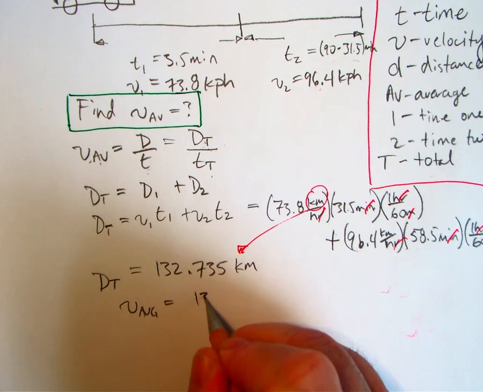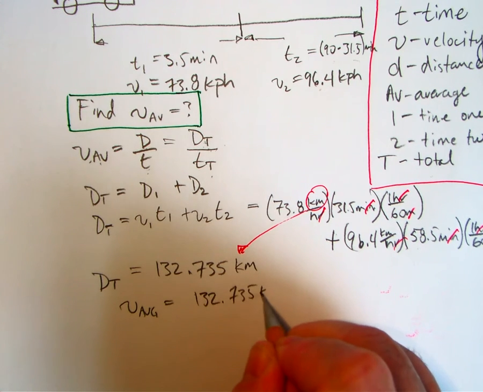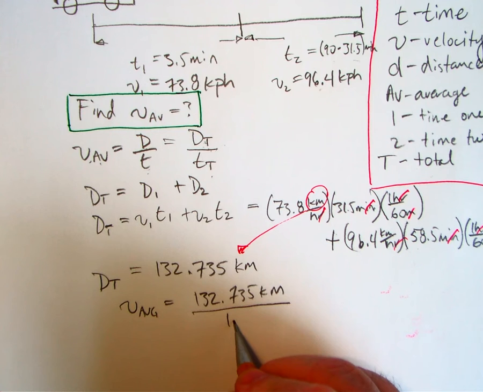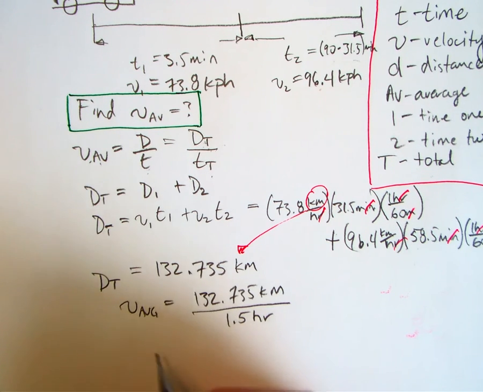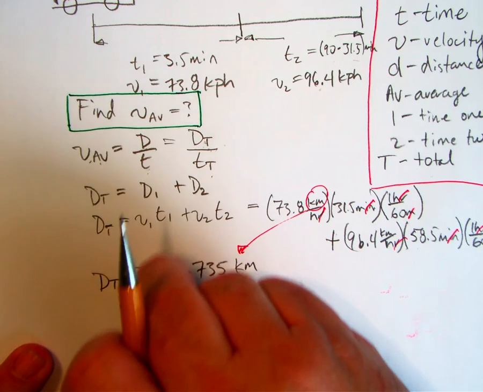So 132.735 kilometers divided by, what's your time? You could say 90 minutes, or we can very quickly say, well, that's just an hour and a half. Okay, and we're going to then get the average velocity. Well, I put an extra little g on my average here that I wasn't carrying up there.